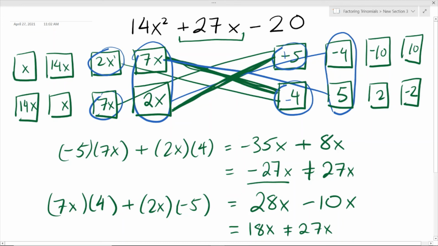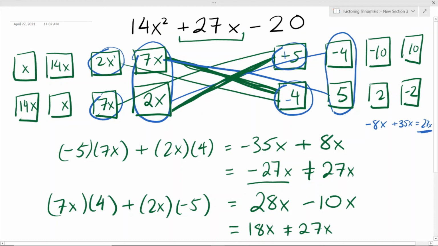We could have gotten the same thing as well: 35 minus 8 is 27x, which also matches with this.